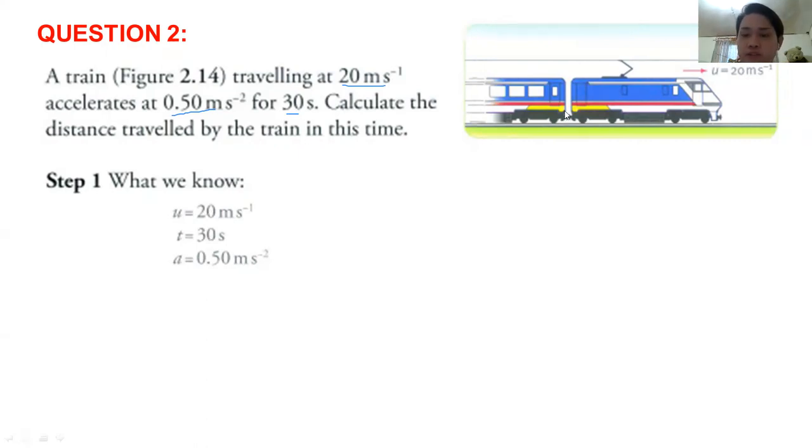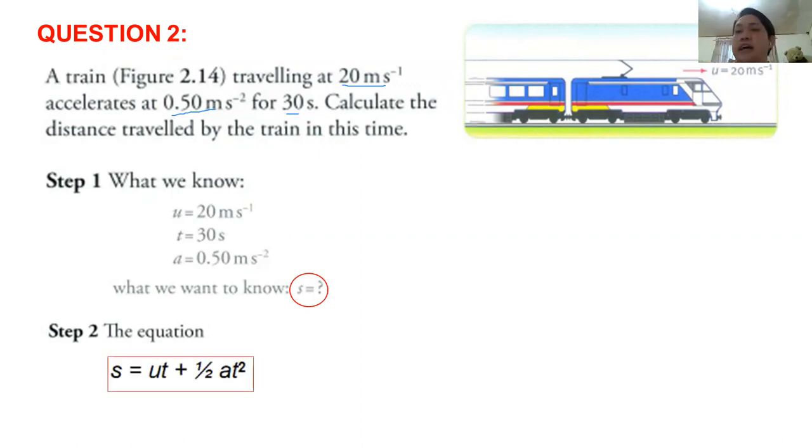So what we want to know is we're going to solve for the distance or displacement, or the S. Now the equation that we can use can be based on the equation that we just derived a while ago, the equation 3. So one thing also, class, to use as a clue in solving problems here in kinematics, you have to consider the given.